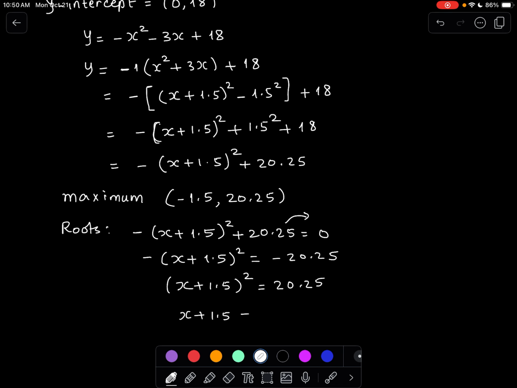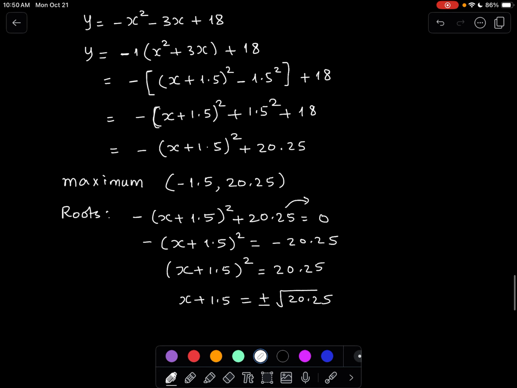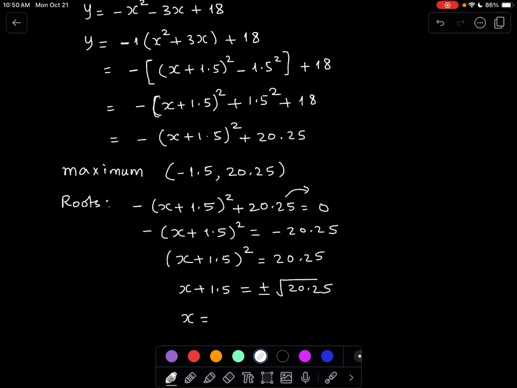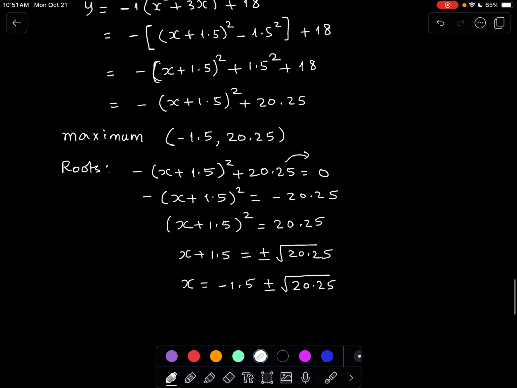So x plus 1.5 is equal to plus or minus the square root of 20.25. And then x should be equal to minus 1.5, remember, plus, so it's going to become minus on the other side, square root of 20.25. Use your calculators. You're going to have one of the roots with the positive square root of 20.25, and the other one with the negative square root. Right?